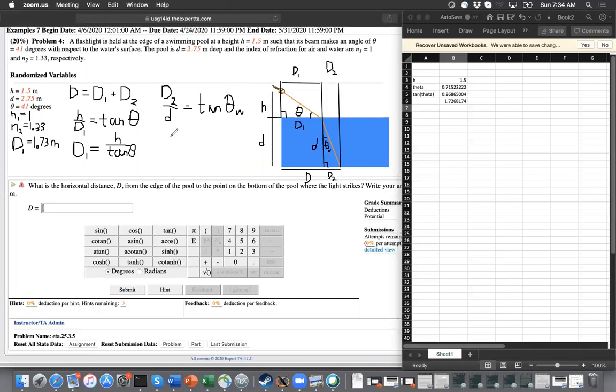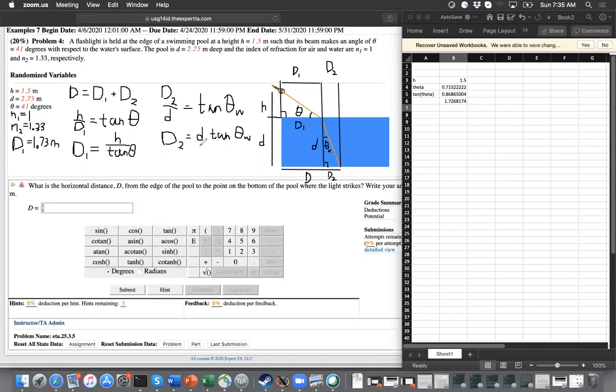So you can even solve this pretty quickly for d2. You could just multiply out by the little d, and you get d2 is d times the tangent of this angle theta w.